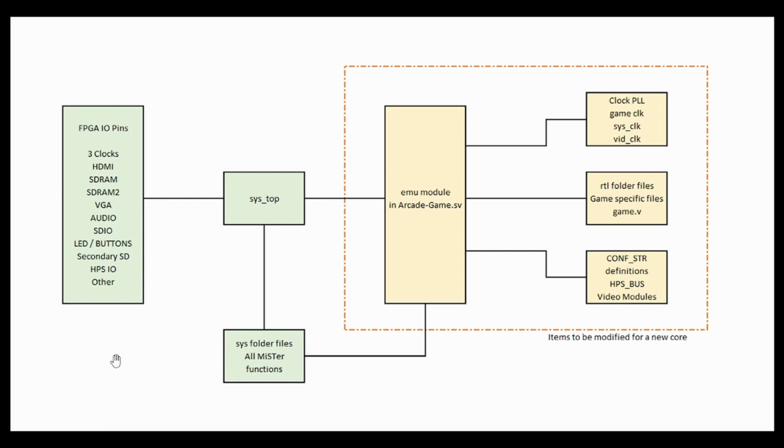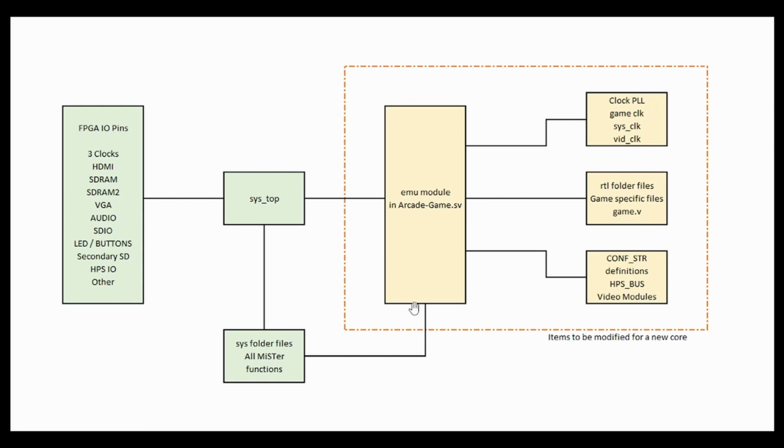When developing a core, we need to be cognizant of four entities: the Arcade-Game.sv file, the game-specific module, the connection to the OSD and the ROM file through what's known as the HPS bus or the status bus, and then finally the clock PLL that ensures the system clock is set up and may also be driving a video clock or the actual game clock.